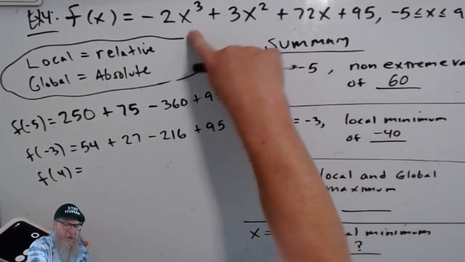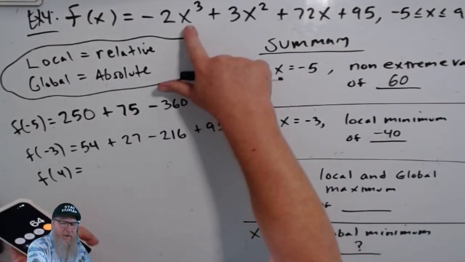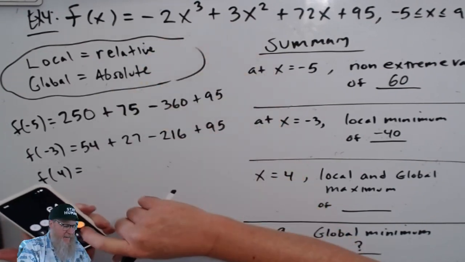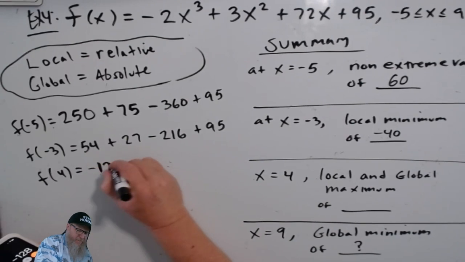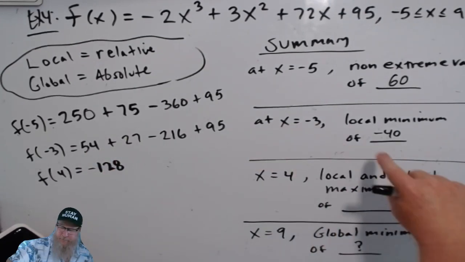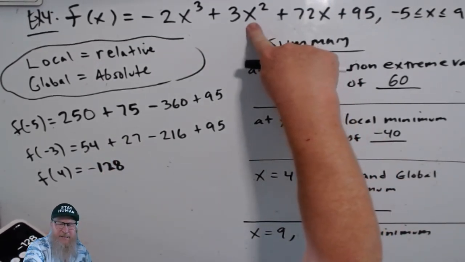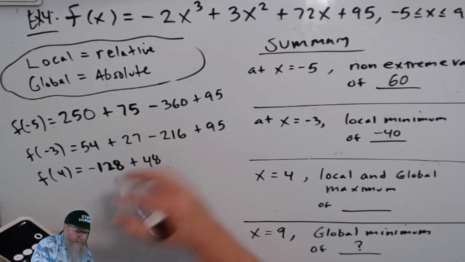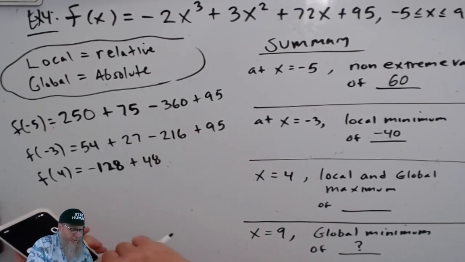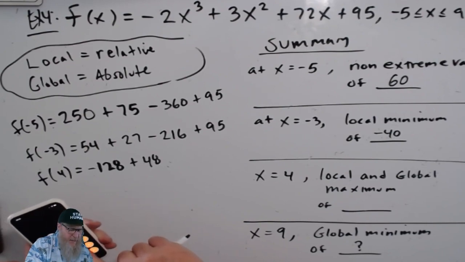All right, 4 cubed is 64. 4 times 4 times 4. And then times negative 2, negative 128. 4 squared is 16. 16 times 3 is 48. I'll do it just to be safe, but I already know it's 16 times 3.